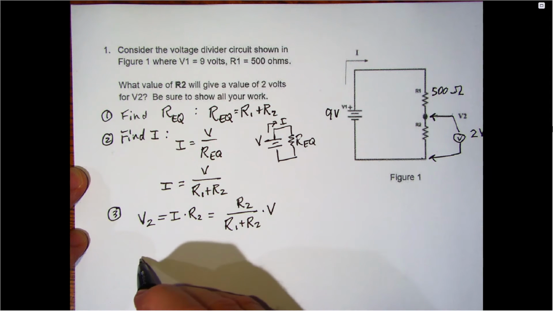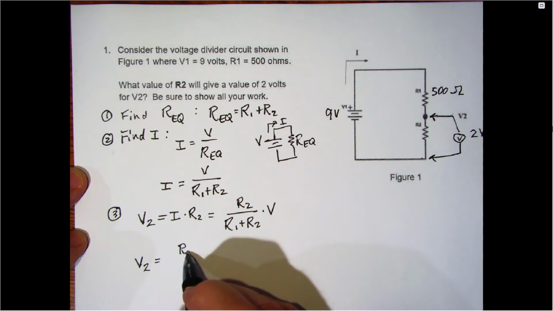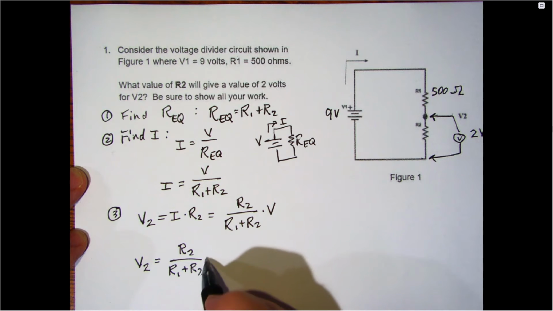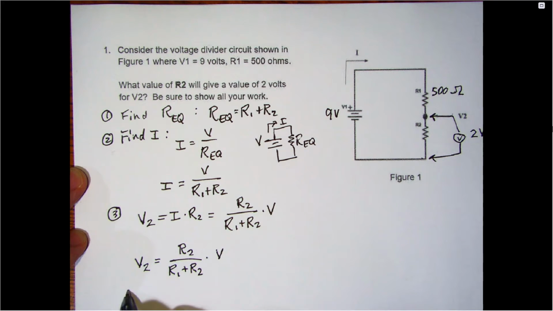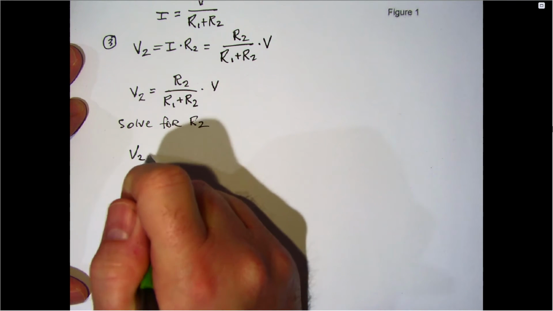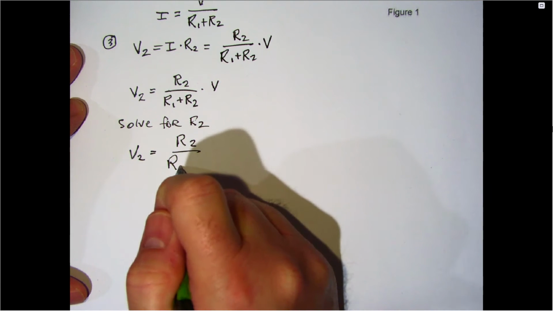So let's just go ahead and rewrite the equation. V2 is equal to R2 divided by R1 plus R2 times V, and we want to solve for R2. So we have to do some algebra. We'll take it step by step.